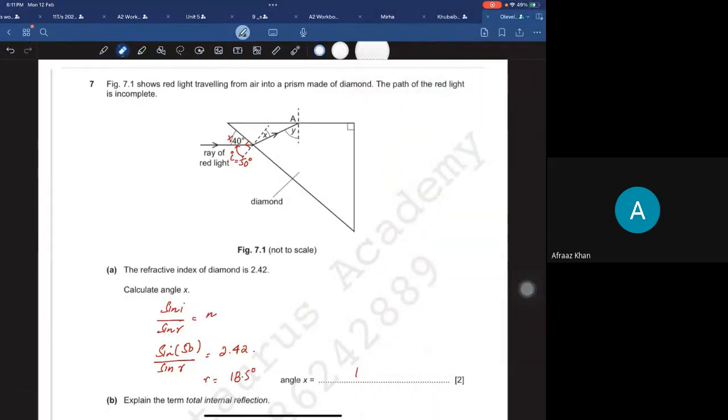I'm surprised about that. Did you guys use 40 as the angle? Yes. So now please write a note here so you do not forget this fact: always take the angle from the normal line.